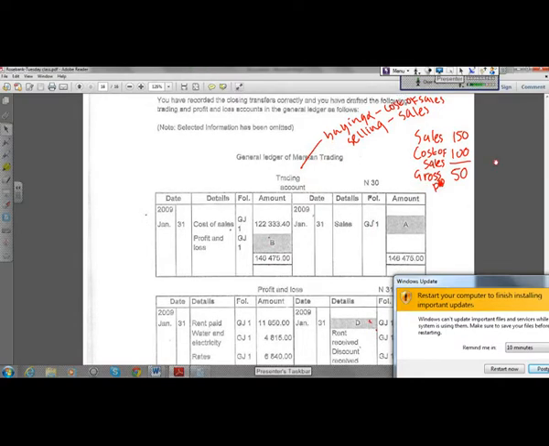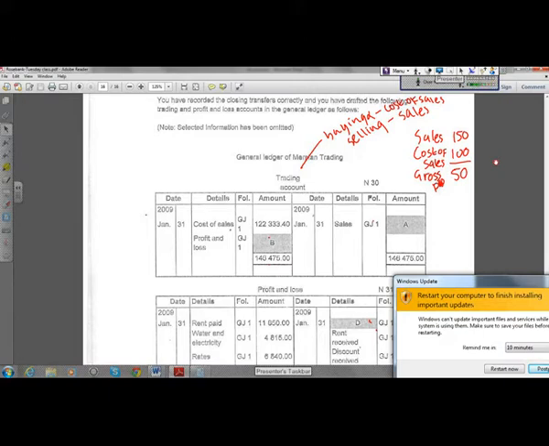But remember, we also have other expenses in the business that we'll have to deduct: the delivery expenses, the telephone expenses. We say it's gross because it's before we take the operating expenses of the business into account.